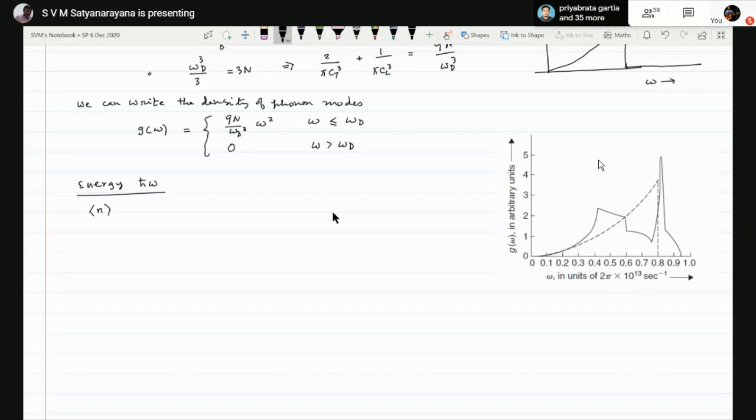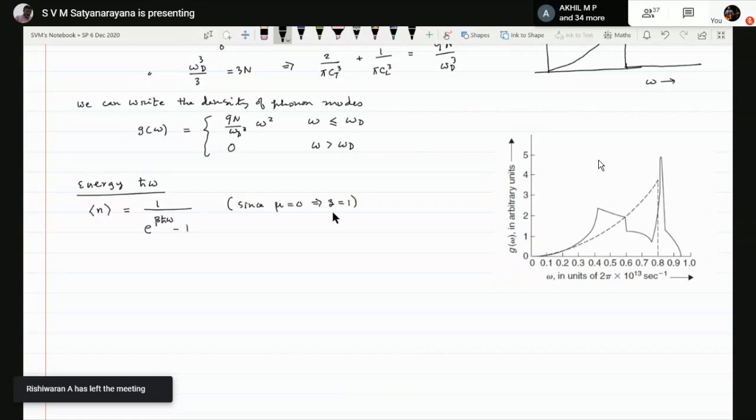That is given by 1 by e to the power beta h bar omega minus 1. This is correct since mu is equal to 0, which implies the fugacity is equal to 1. Because of that, I don't have Z inverse here. It is simply 1 by e to the beta h bar omega minus 1.